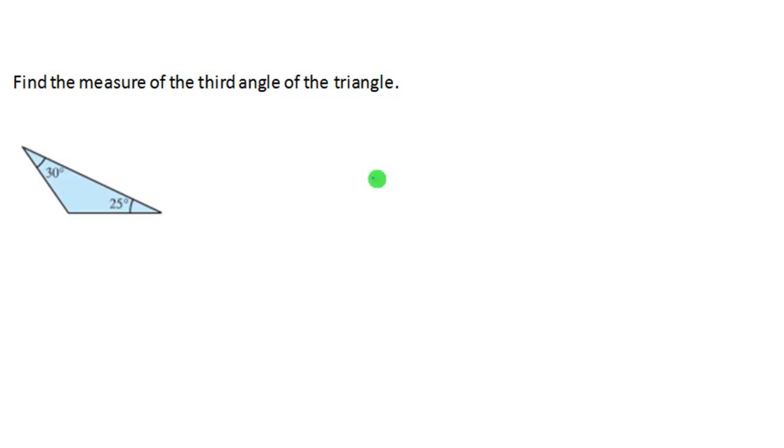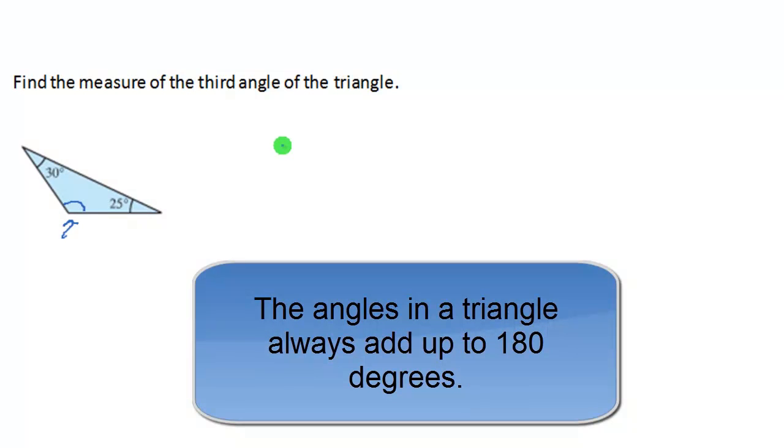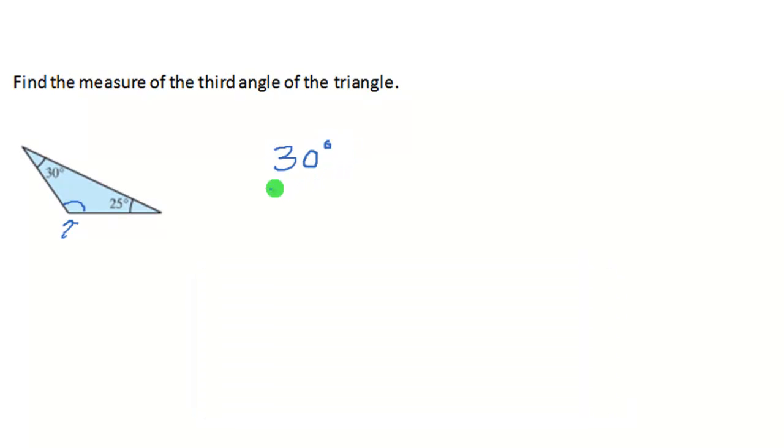Okay, now we're going to talk about a triangle, but we're going to talk about its angles rather than its sides. We want to find the measure of the third angle of a triangle when we know that one angle is 30 degrees and the other is 25. We're finding this angle right here. You need to remember that the angles in a triangle always add up to 180 degrees.